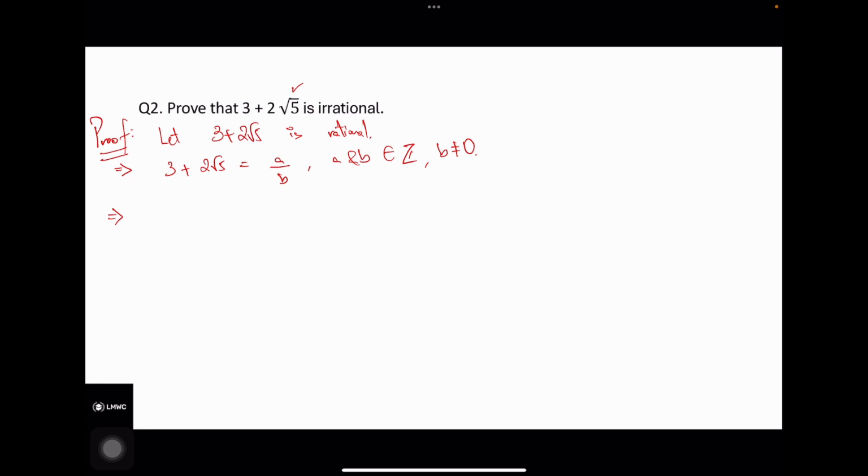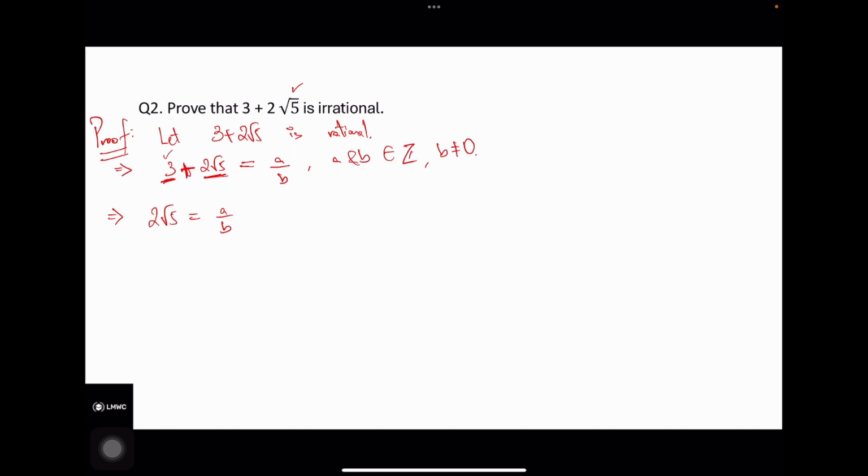First I will take this 3 to the other side. This 2 root 5 will be as it is, and on the right hand side, a by b, there will be no changes. Since we are taking this 3 to the other side of the equality, this 3 and this 2 root 5 have been separated by this plus.